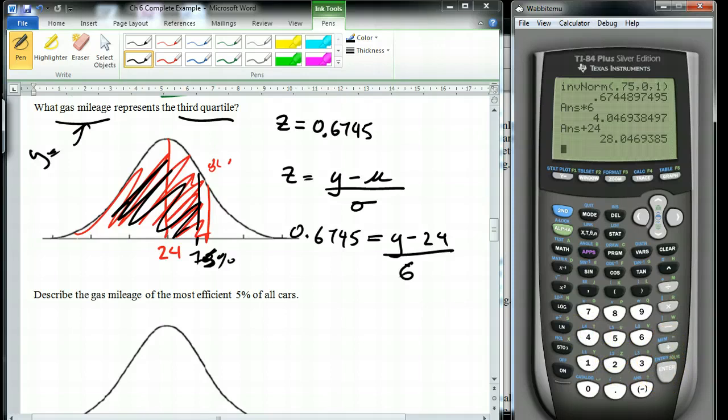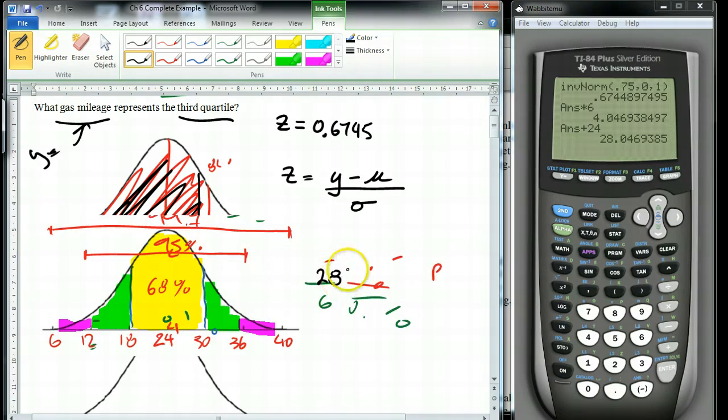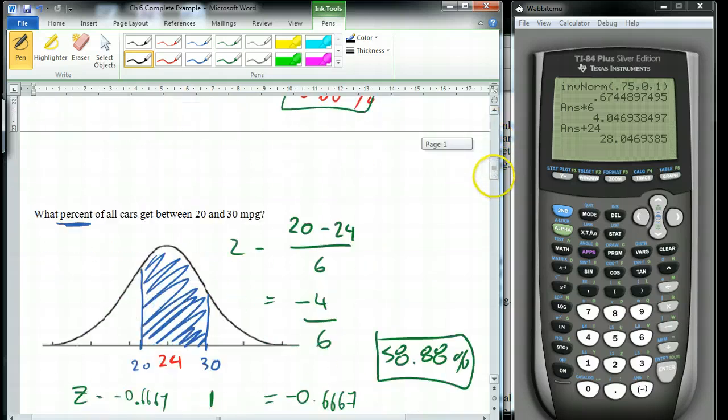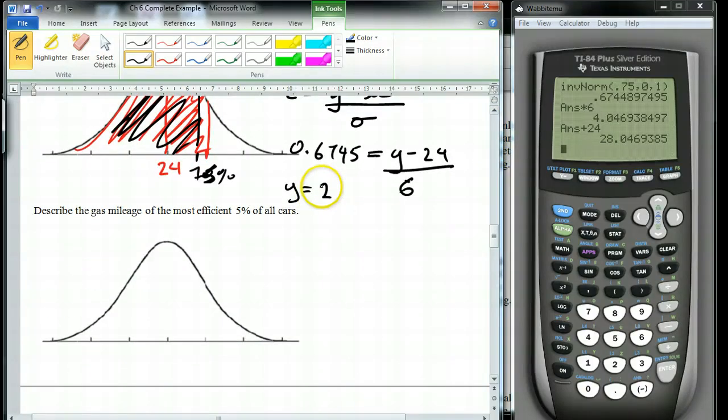All right, 28 miles per gallon. Y equals 28.005 miles per gallon.